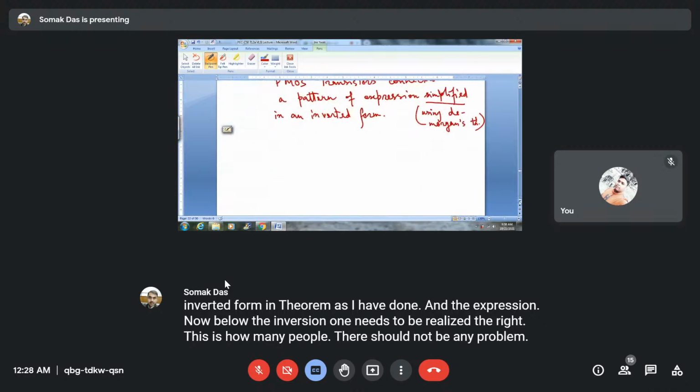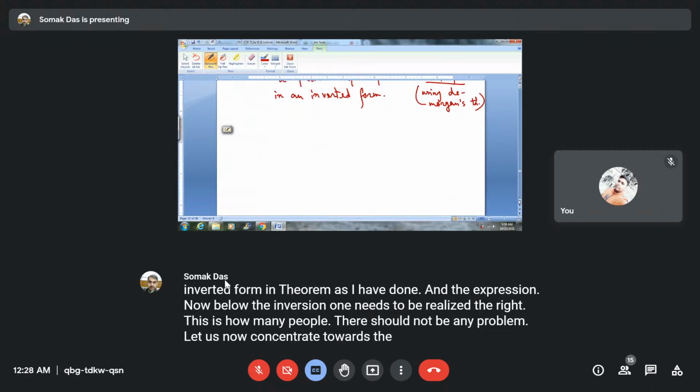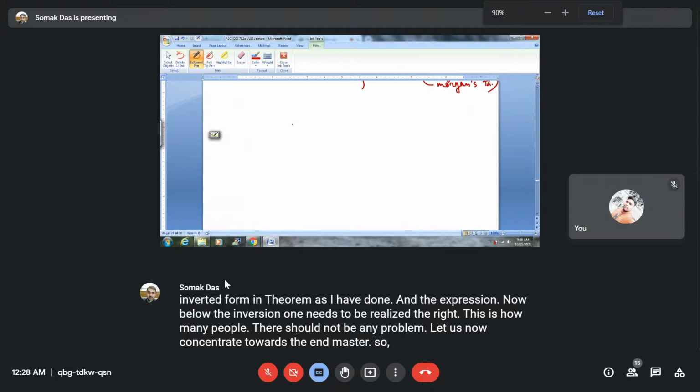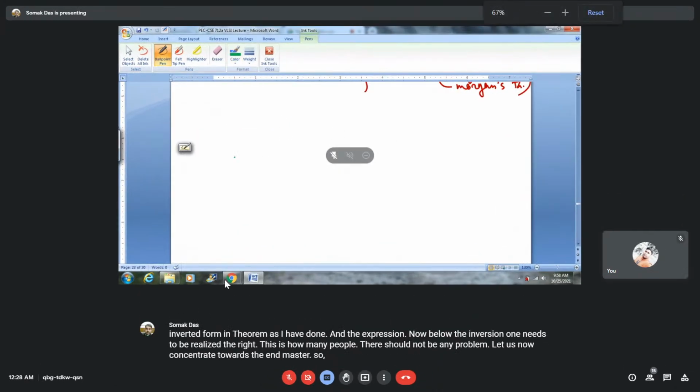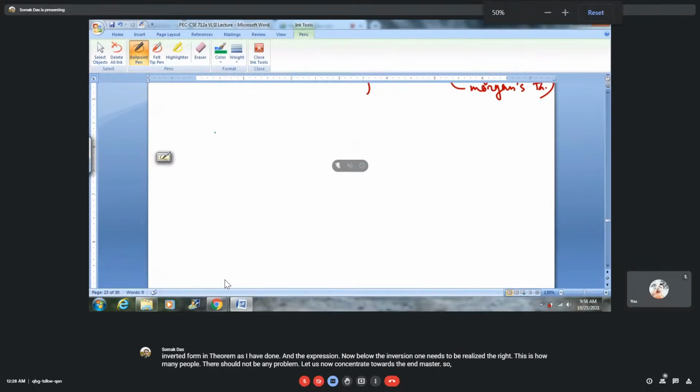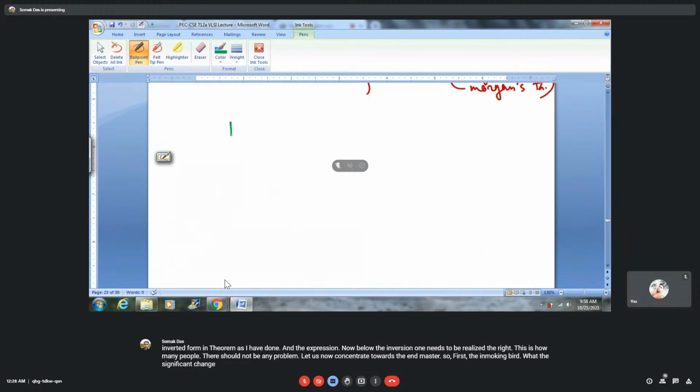Let us now concentrate on the NMOS circuit. First, the NMOS inverter. The significant change is within the load transistor. The rest of the thing remains the same.